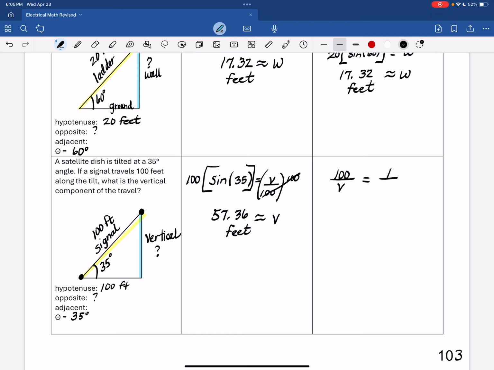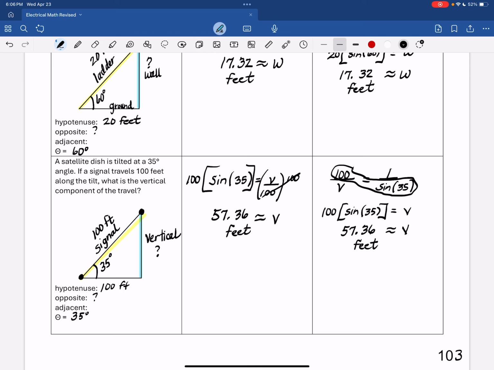And we know that cosecant is also 1 over the sine of theta. So I'm going to have 100 times the sine of theta equals 1 times v. So that's just v. And there again, about 57.36 feet.